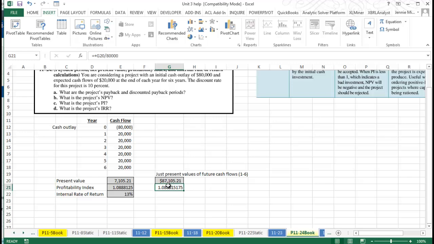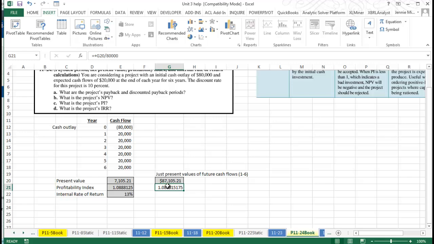But in order to do it this way, you would have to just do the present value on the future cash flows in years 1 through 6. What I've done over here is, when I know I have a positive present value, I just take the cash outlay and add it to the positive amount, and then just divide it by that amount of outlay. And you notice none of these numbers are negative, so that you can come up with it.